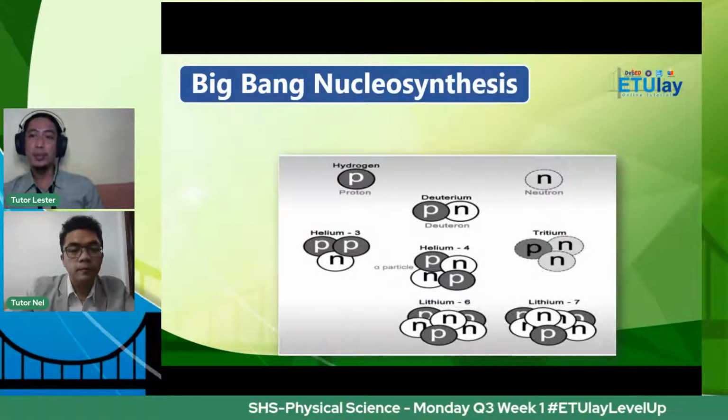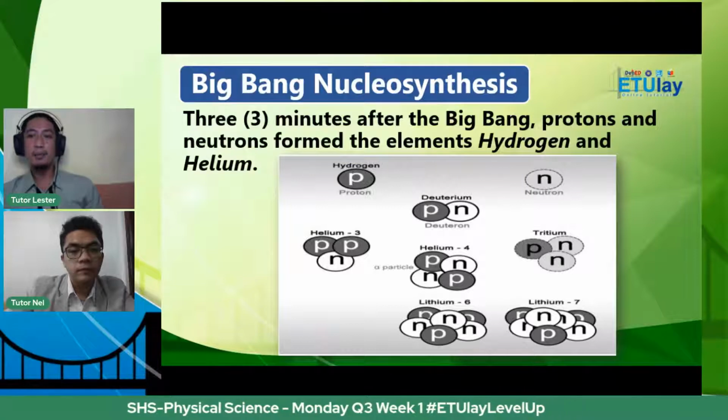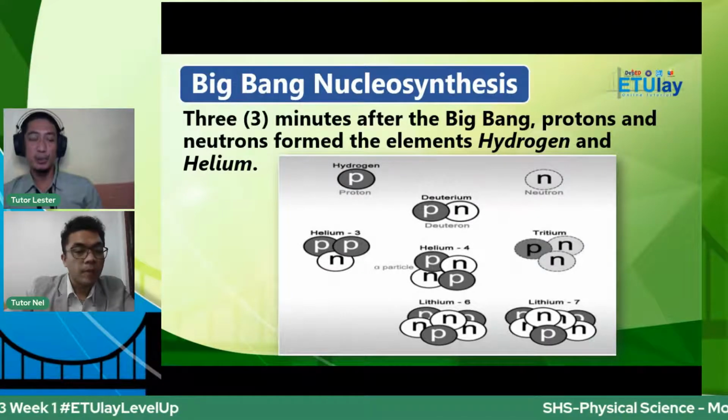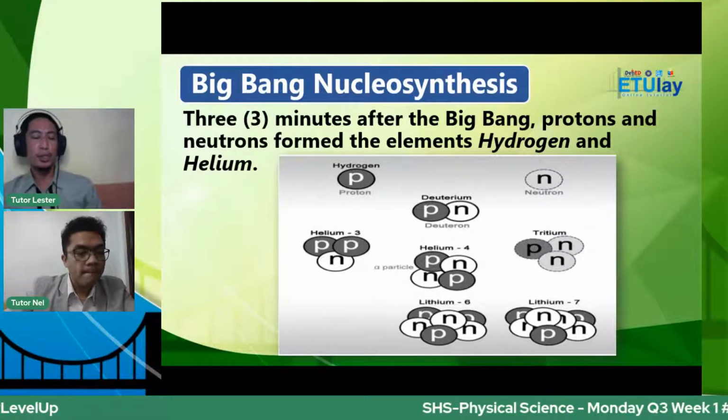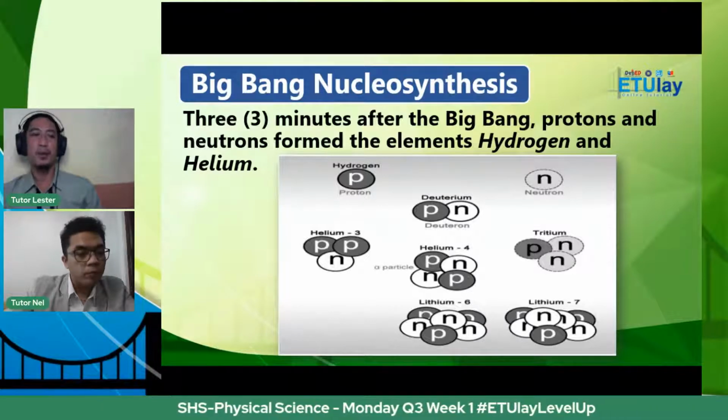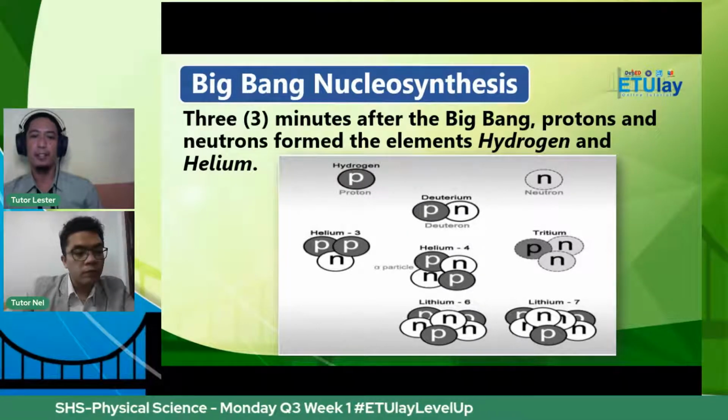Matapos ang 3 minuto, ay nagsimulang mabuo ang mga elementong hydrogen at helium kasama ang iilang lithium at beryllium. So ito po ang elements number 1, 2, 3, and 4 na makikita nyo po sa inyong periodic table.